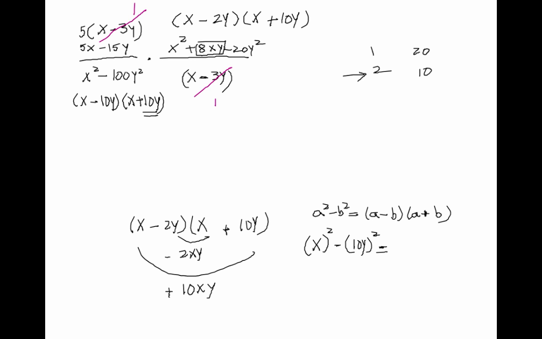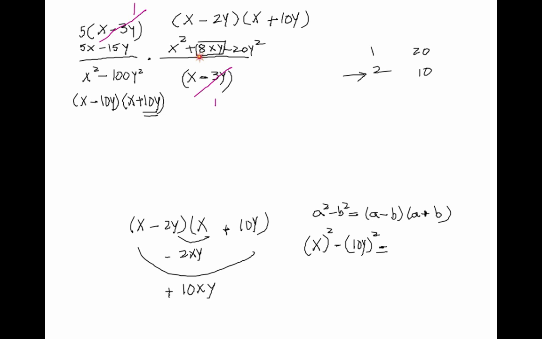And make sure to check the last terms if they still give you minus 20y squared. So when I multiply the last two terms, the product of these two should be minus 20y squared, and the first two terms still is x squared, and you have this middle term.